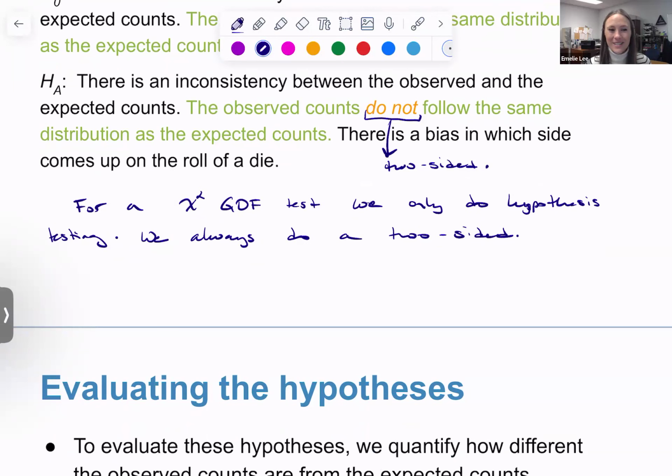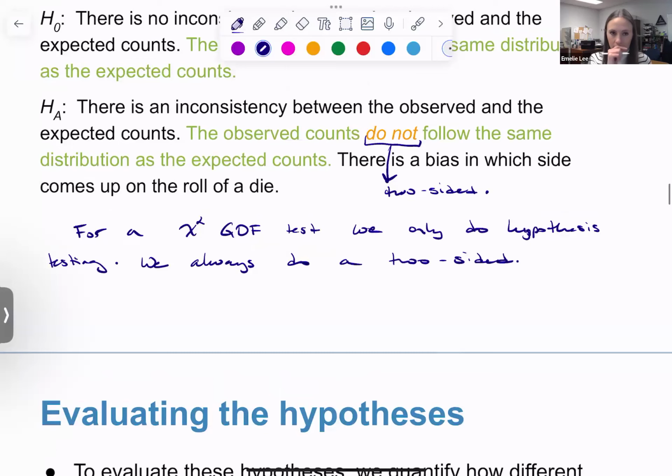If it's different. But the way that we're going to get this information, it doesn't actually matter. I'm going to show you why in a second. But here, in terms of our alternative hypothesis, it just means that we're just going to do the opposite.